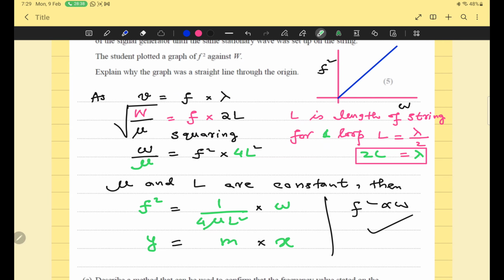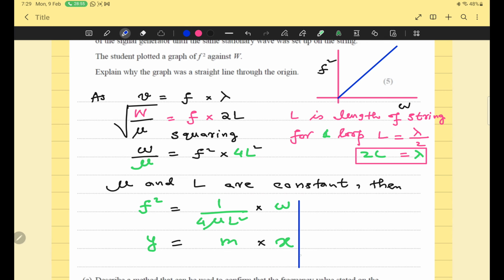If the graph is a straight line and you compare it with this equation, then you can see the gradient is constant. If the gradient is constant, then the graph is a straight line.